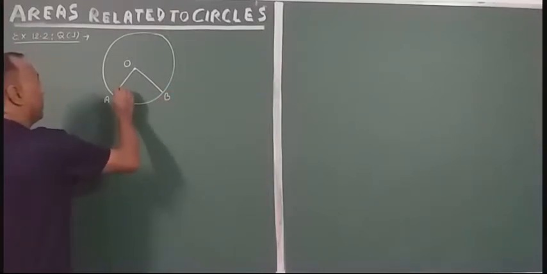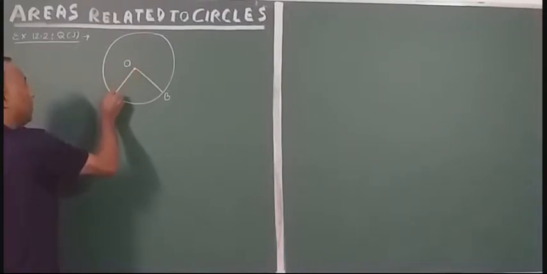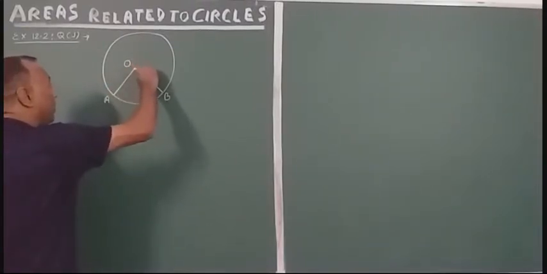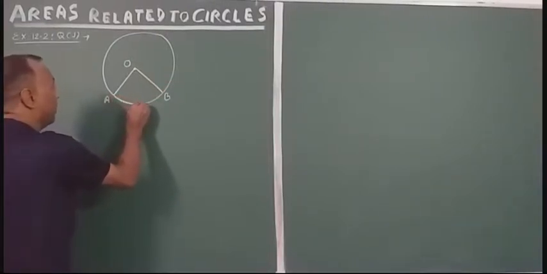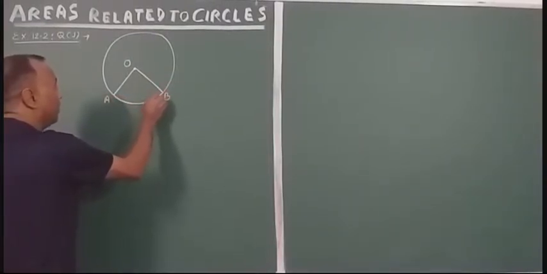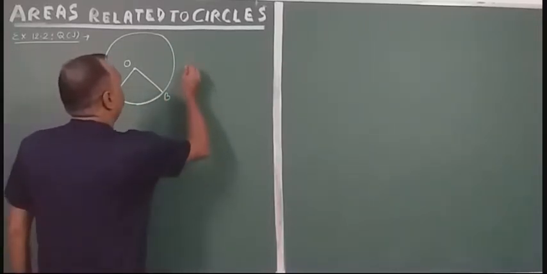Then this area, the area bounded by these two radii and this arc AB is known as sector of a circle.